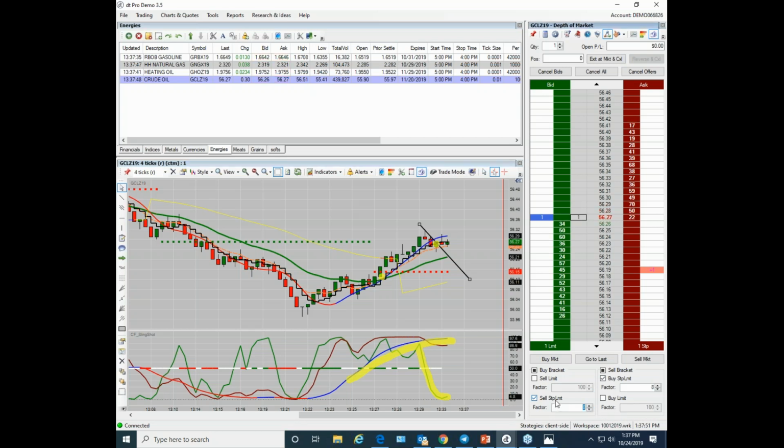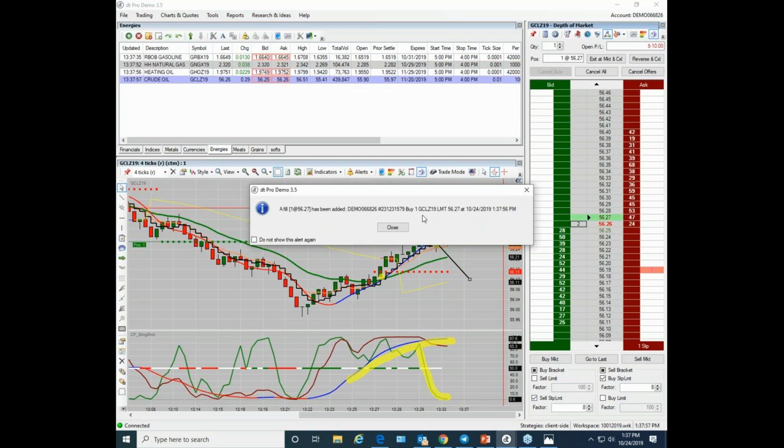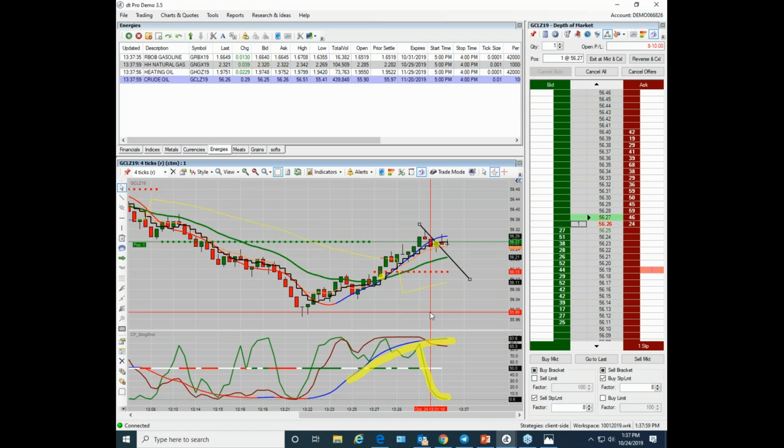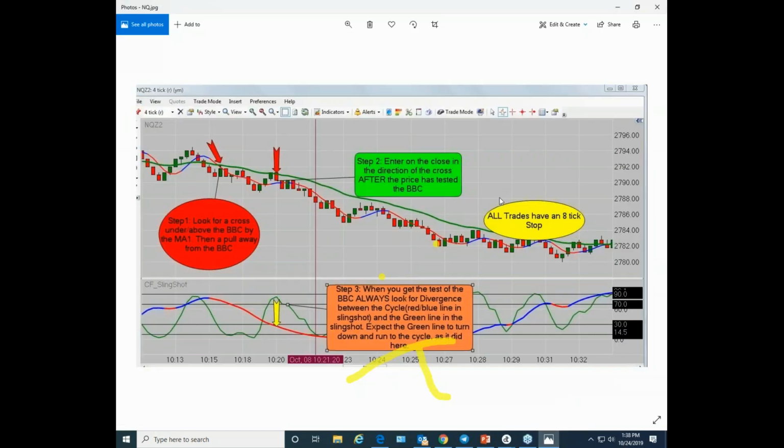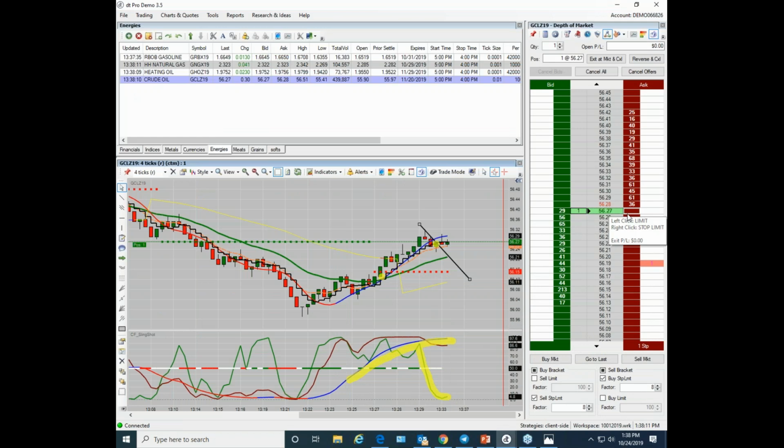The reason you do that is another question about it, because a lot of times all the markets are different, okay? They all have their different decimal points and different values, and so that becomes very confusing. What we do know from our rules is every trade has an 8-tick stop attached to it. So just have a common denominator, ticks, then it's pretty easy.